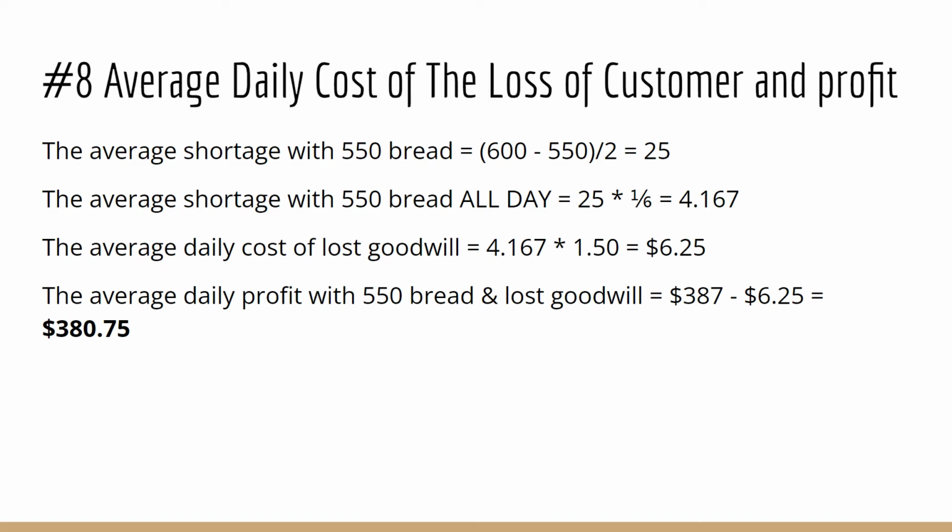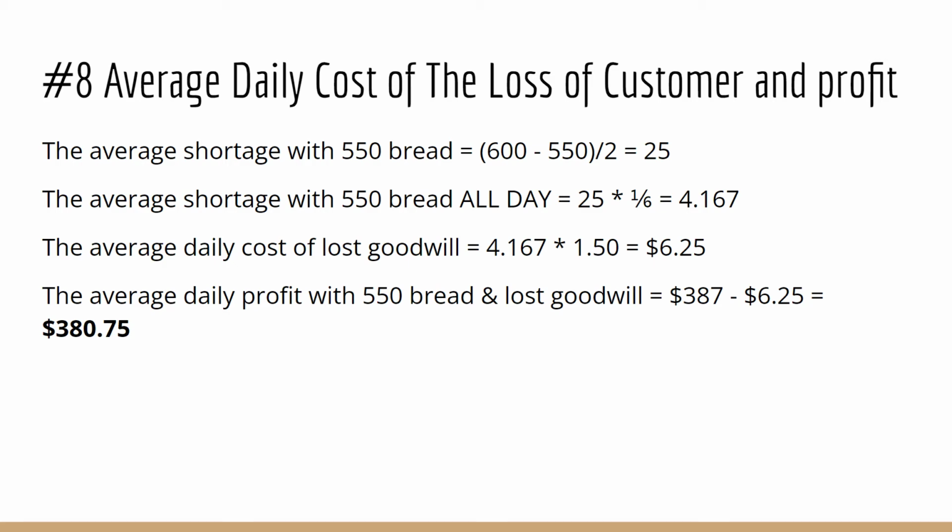And the eighth question is asking the average daily cost of the lost goodwill and the profit. We know the average shortage with the 550 bread is (600 minus 550) divided by 2, which is 25. And the average shortage with the 550 bread all days is 25 times the probability of incurring a shortage, which is 1/6, which is also given in the text.